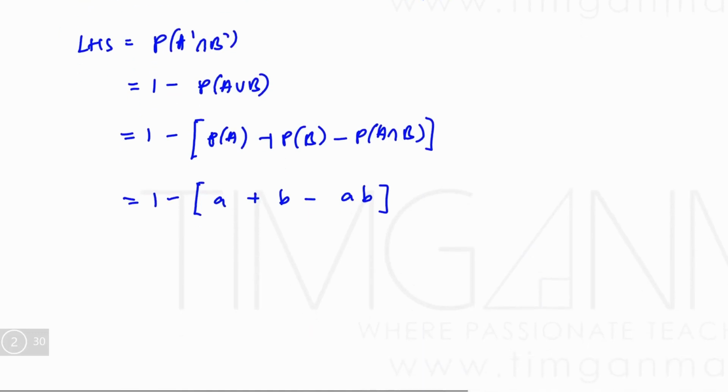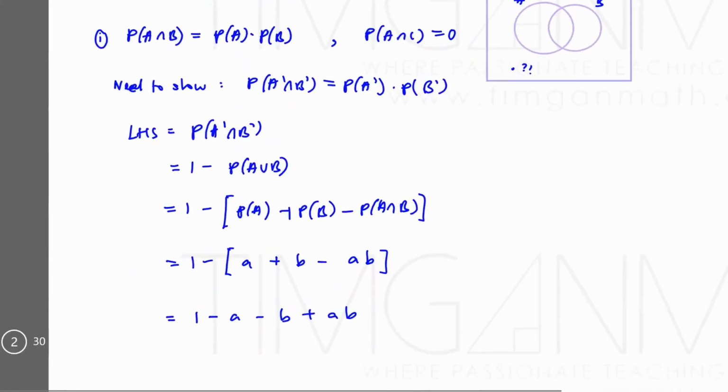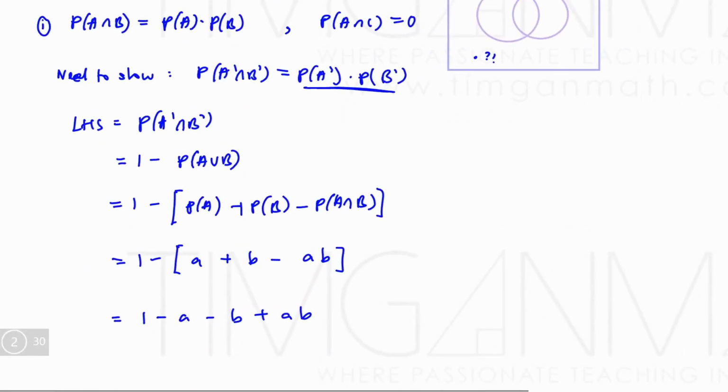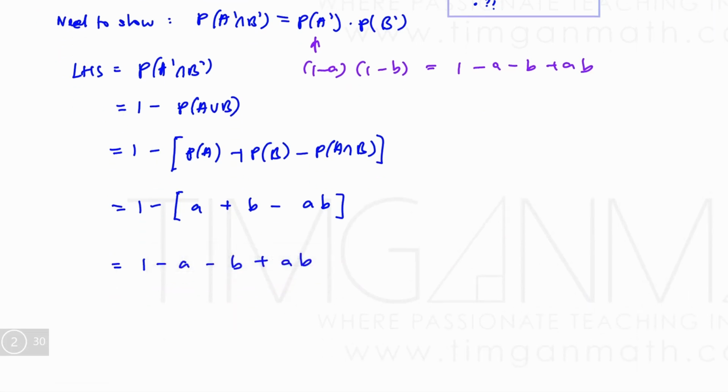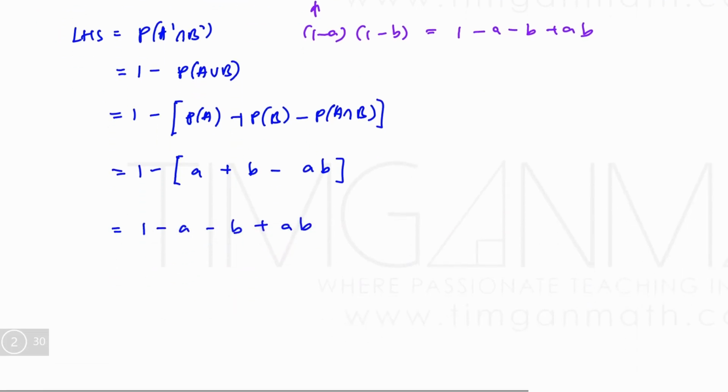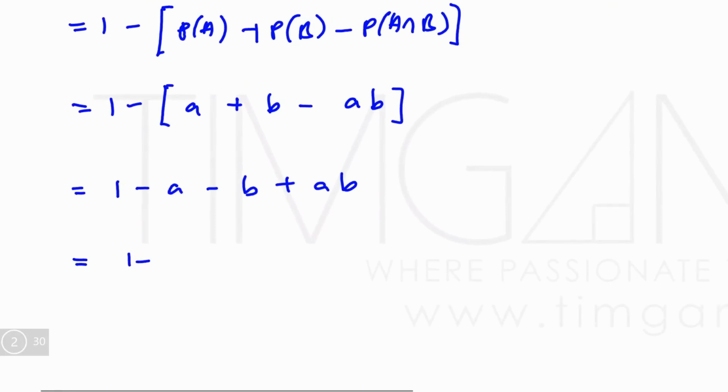That's what you do. So your whole goal here is to try and make it look like this one. The one on the left just means 1 minus A and this is 1 minus B. If you can't see this, you just expand it. You can see that this is 1 minus A minus B plus AB. So it's just an expansion. Actually, I do not know whether you still remember secondary school factorization. You should.